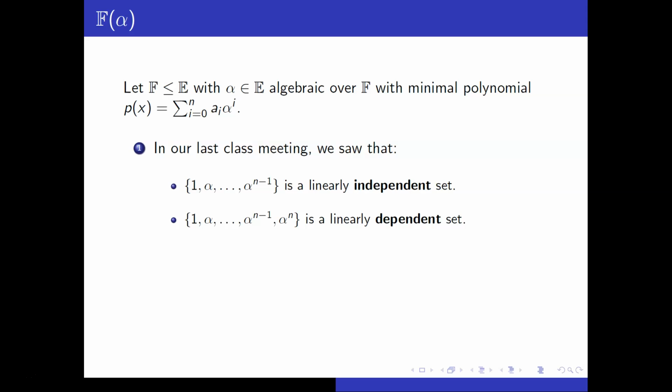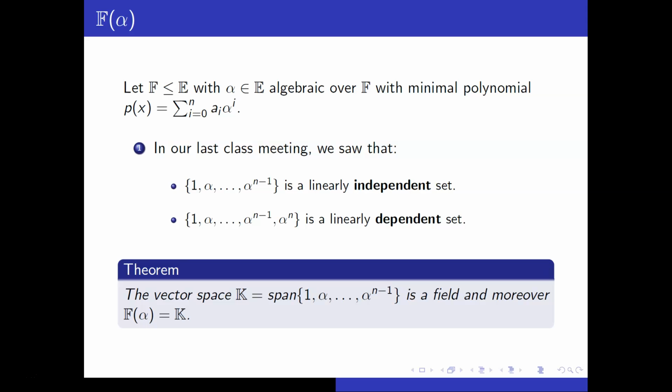This is key in what we do, because we're going to take that linearly independent set and we're going to take its span. So we're going to take all possible linear combinations of 1, alpha, alpha squared up through alpha to the n minus 1 using coefficients from F. When we do this, this is going to actually be a field, and this is dependent upon alpha being algebraic, as we will see.